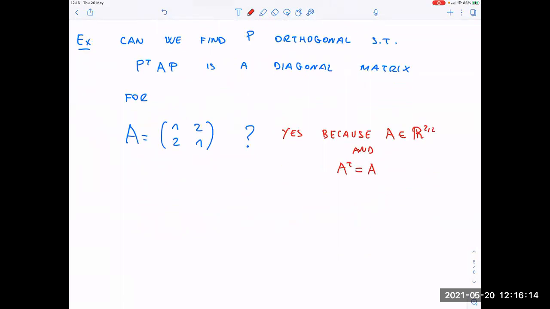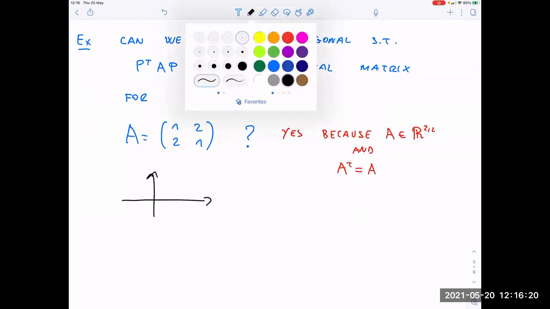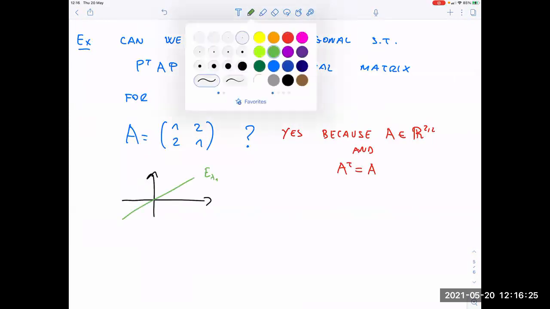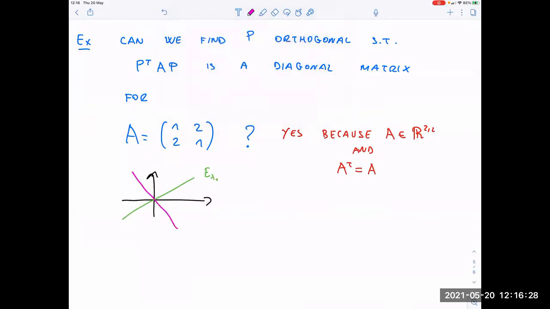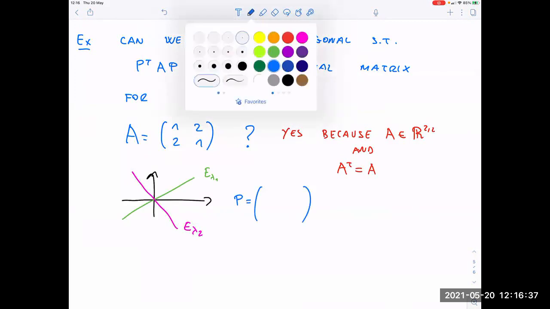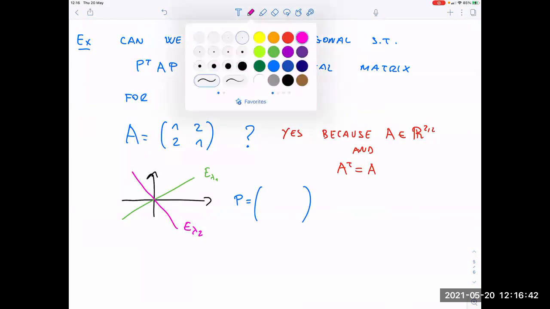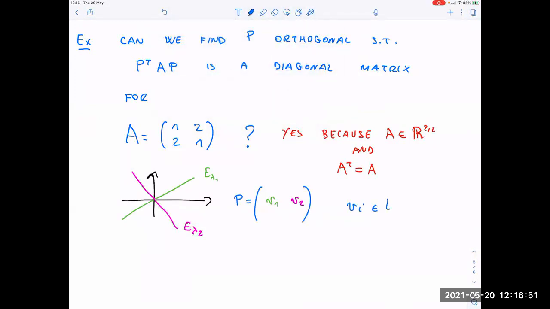And using that, you will produce an orthogonal matrix. So if you go and compute, you will find eigenspaces E of lambda 1, E of lambda 2, and then you will construct P by taking a vector, say V1 and a vector V2, Vi in E of lambda i of magnitude 1.